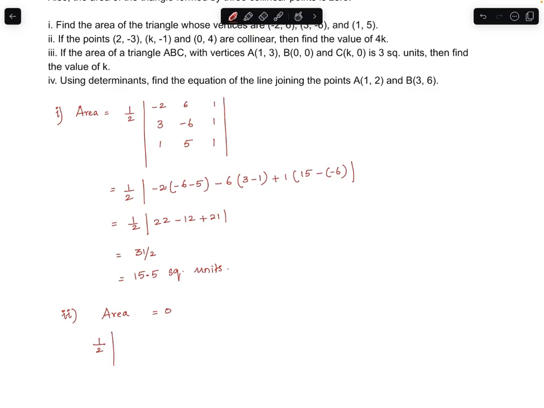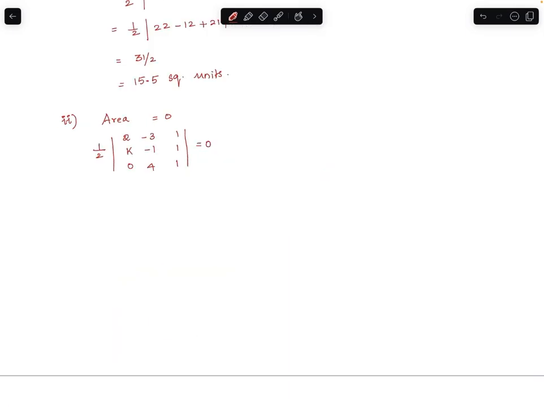Half times the absolute value of the determinant of 2, -3, 1, k, -1, 1, 0, 4, 1 is equal to 0. The half goes on the other side, it becomes 0.